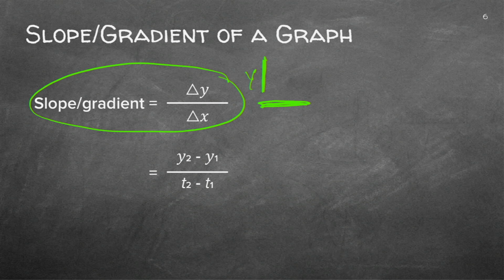And this is the y and the x that you'll be using in this gradient equation, which means the second value of y minus the first value of y, and the second value of x minus the first value in x.